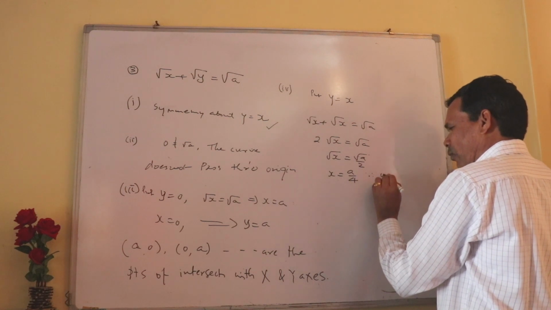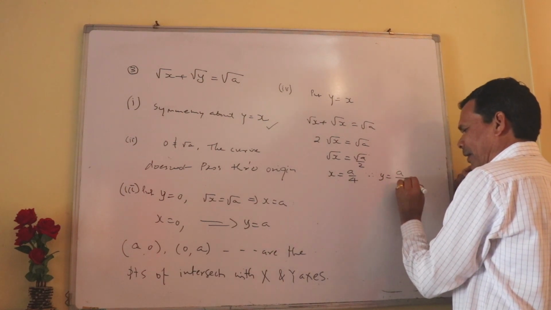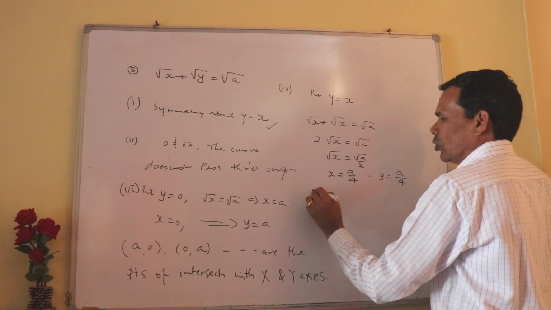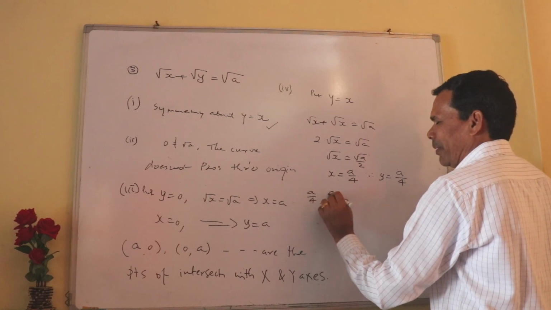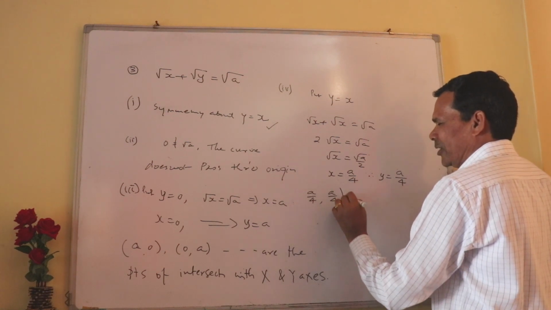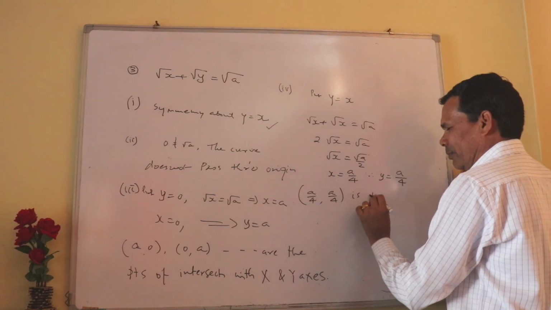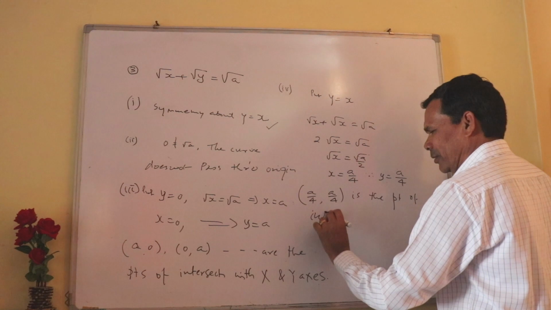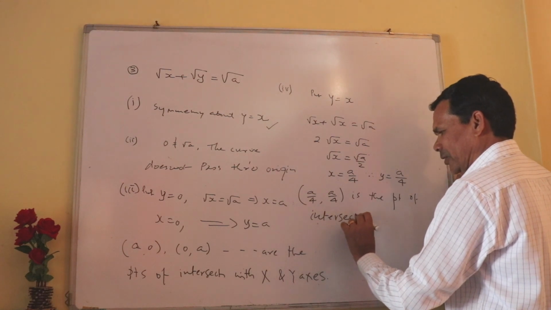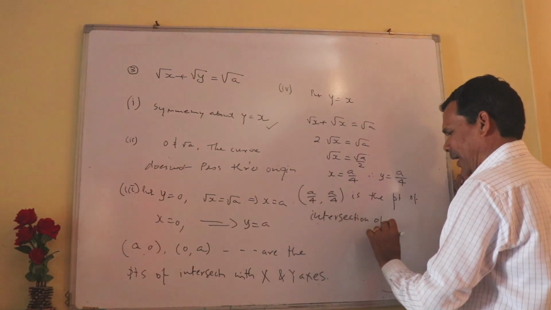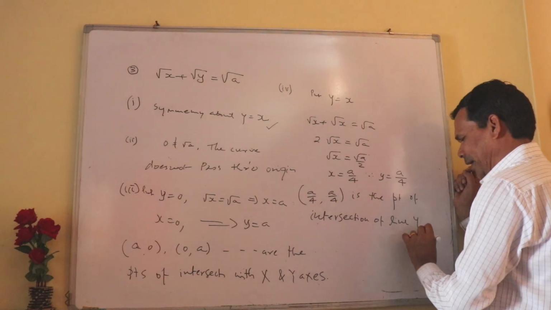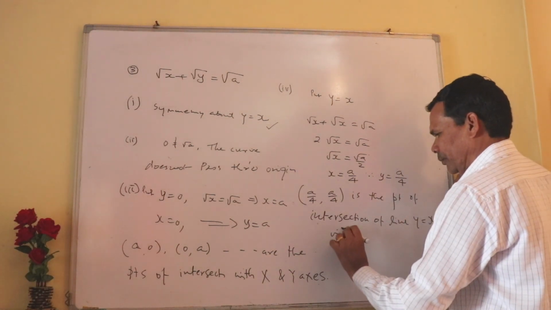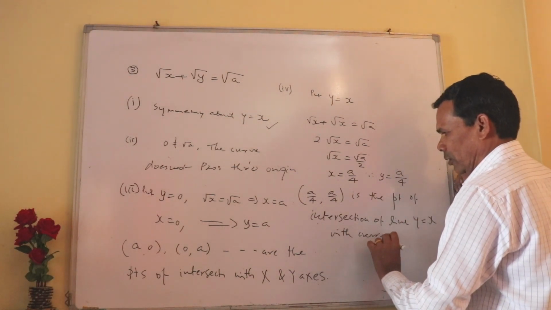Similarly, y also equals a by 4 because y is equal to x. So (a/4, a/4) is the point of intersection of the line y is equal to x with the curve.